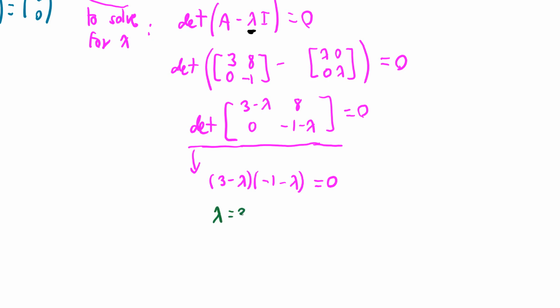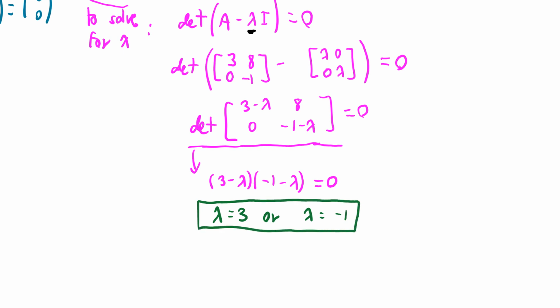Lambda has to equal 3, or lambda has to equal negative 1. So these two are the eigenvalues for the matrix A: lambda equal to 3, and lambda equal to negative 1.